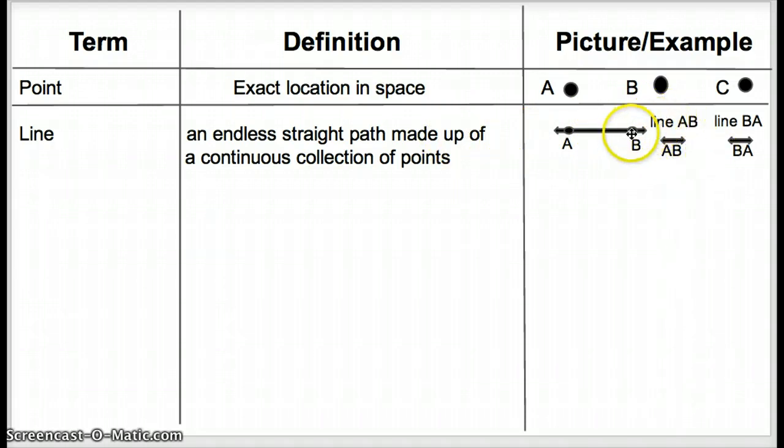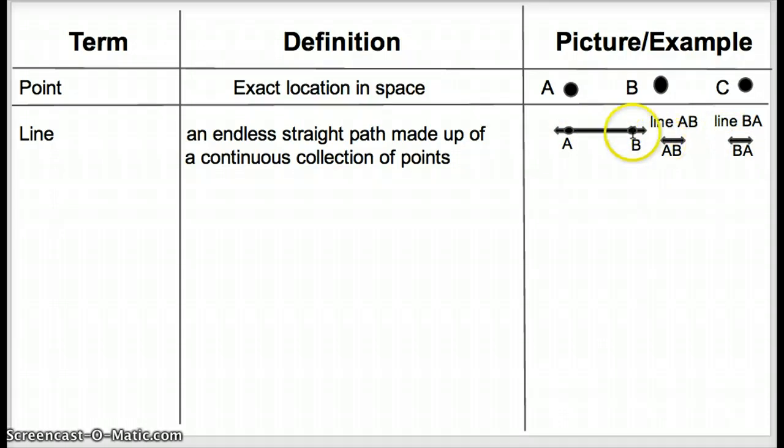You look at here, it's called line AB or line BA, or it could be written like this. You can just write the symbol at the top, which is a line with 2 arrows at the end of it, over top of the 2 letters that end it, A and B, or you can do it BA in this case.